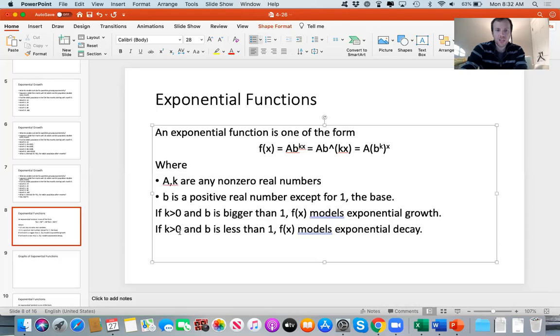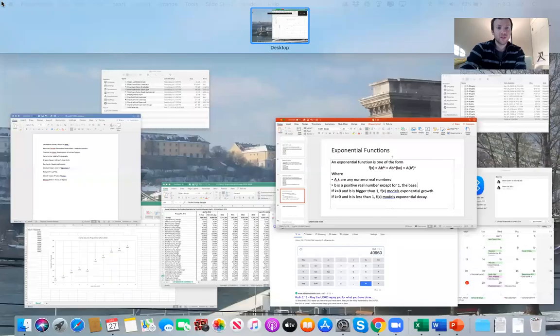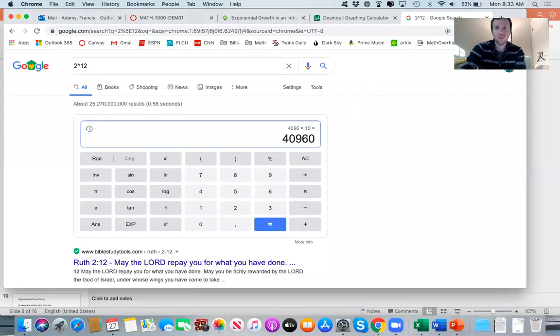The reason I mentioned k being positive is that if you let it be negative, then these two options flip. Let's look at some pictures to see exactly what these look like and how changing the numbers can change the form of the function.